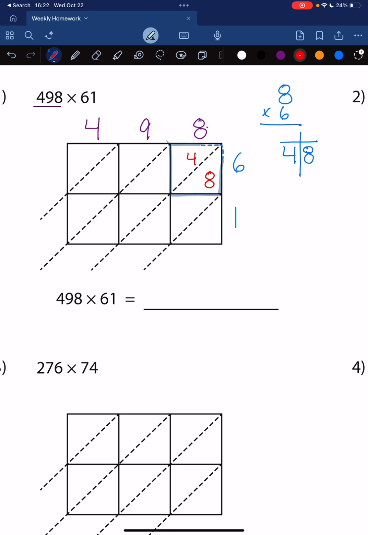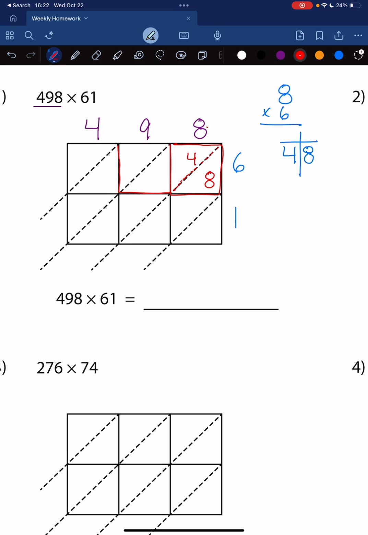And my tens value always goes above this line, so in the top left triangle, and my ones value always goes in the bottom right-hand triangle inside the box. Okay? This is the most difficult part, is knowing where to put the numbers. Okay? And that's not difficult at all. Okay, and so 9 times 6, I'll give you a chance to answer. 54, if you haven't come up with it yet.